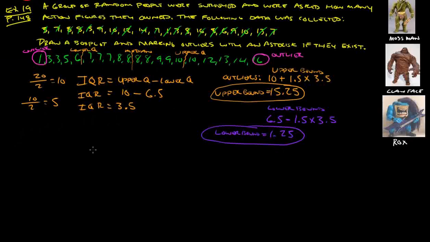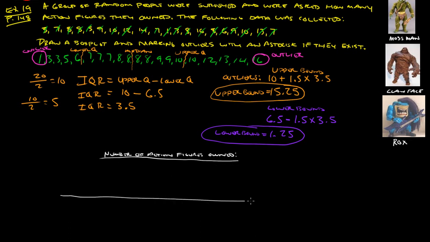So what we want to do is you always need to have a title. So let's see, this was our action figures owned. So let's call this number of action figures owned, the title of our box and whisker plot. Alright. You also need to, down below, have a scale.